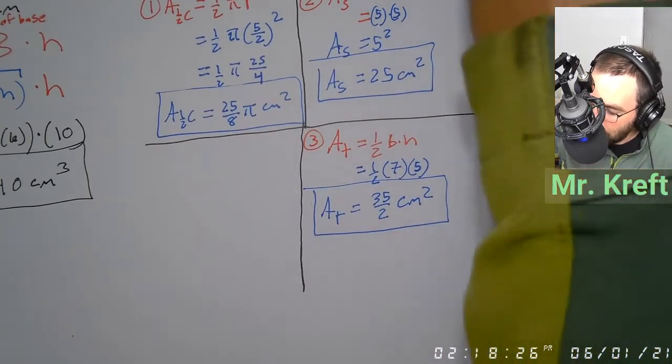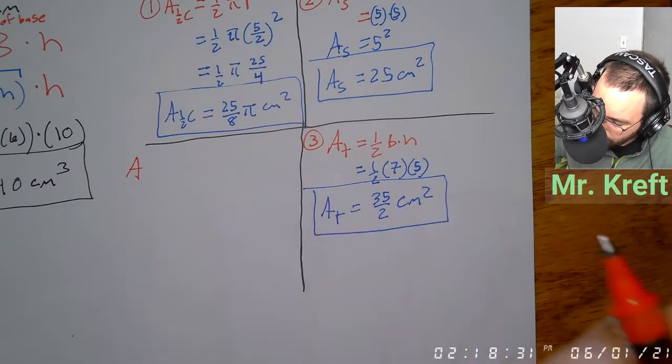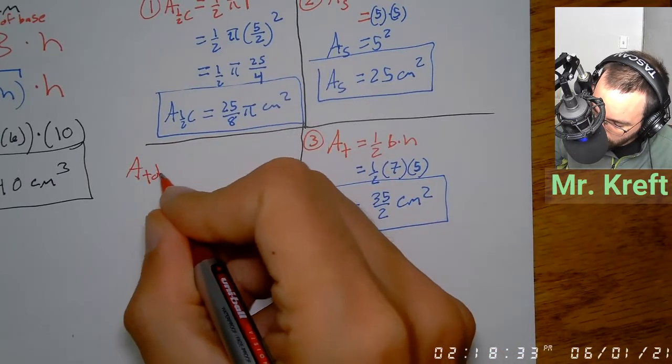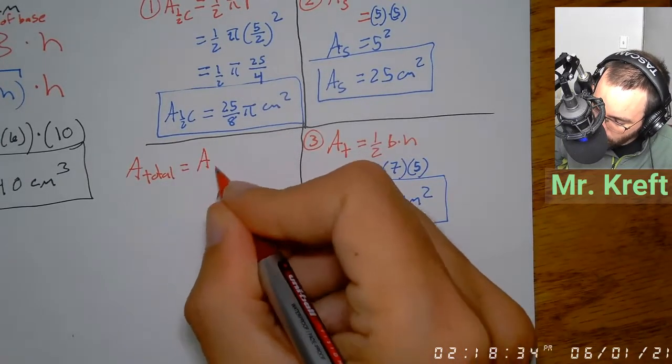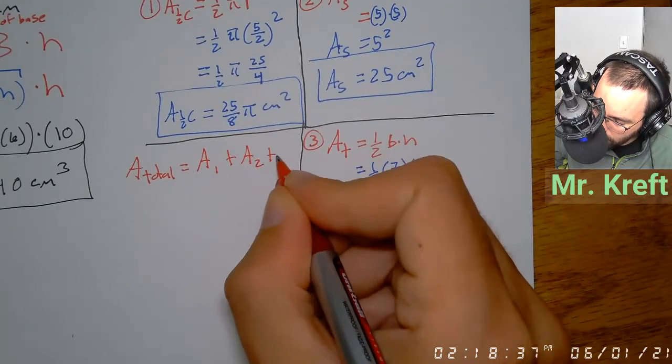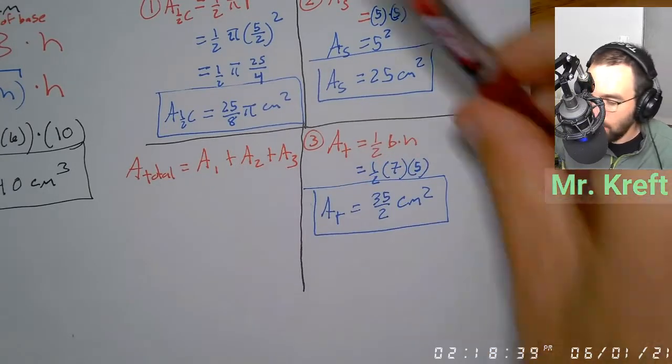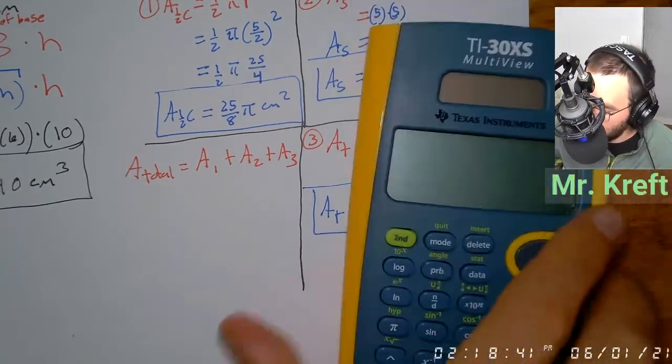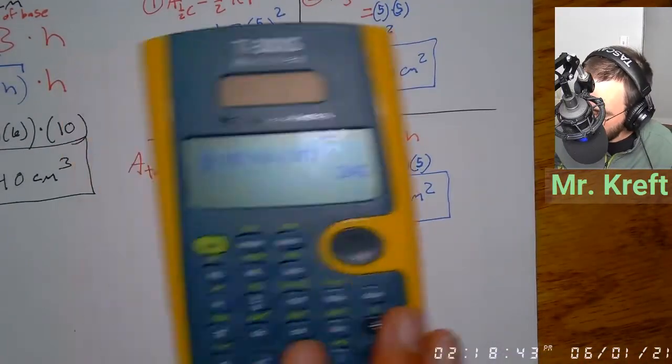Okay. Let's go ahead. So now, next thing we want to do is we want to find our area total. And that's going to be area 1 plus area 2 plus area 3. So I'm just going to go ahead and do that all at once on my calculator.